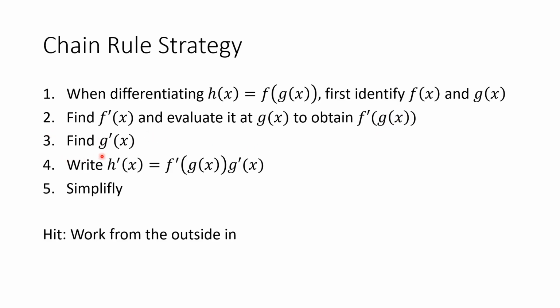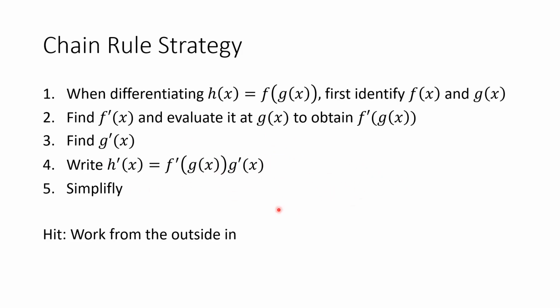And then we'll find our g prime of x, the derivative of g of x. And then once we have this term and this term, right, we can multiply them together to find ultimately the derivative of h of x.